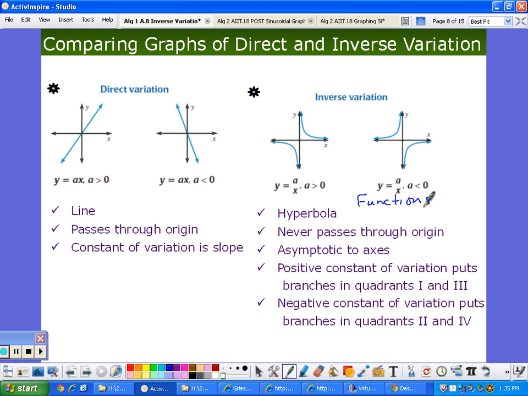So for inverse variation, they will always be a function. I'm never going to have one input with more than one output. But can hyperbolas exist that way? Yes, but not if it's an inverse variation. And also, I just realized that when you divide by 0, it won't be an undefined answer. It'll be like there's no answer at all for the situation.